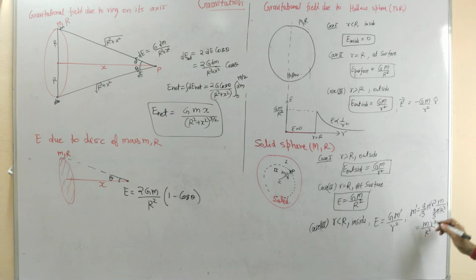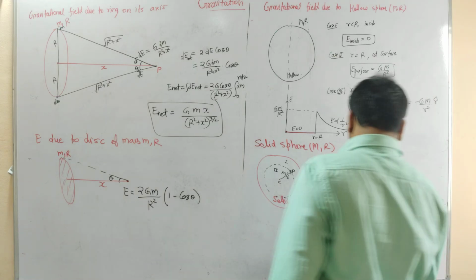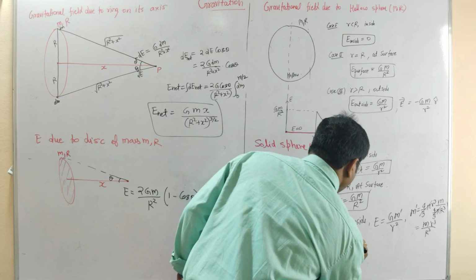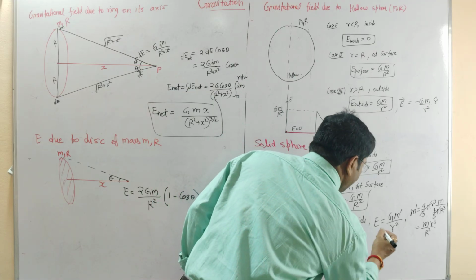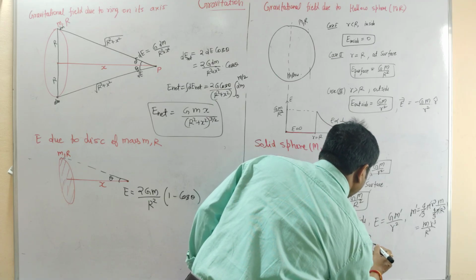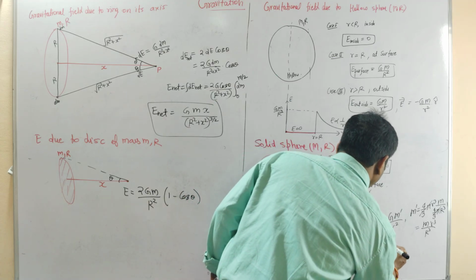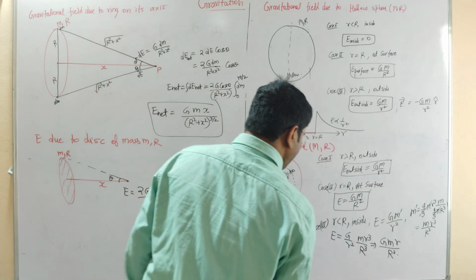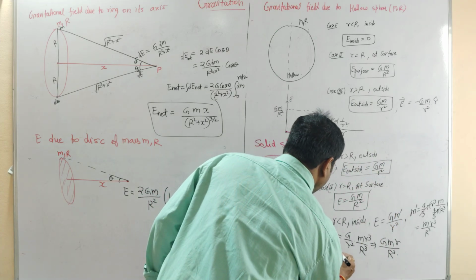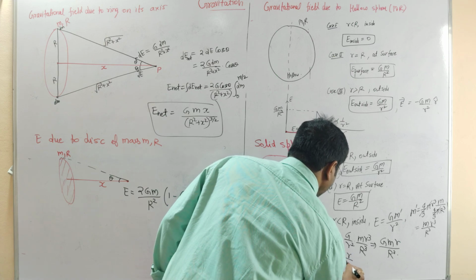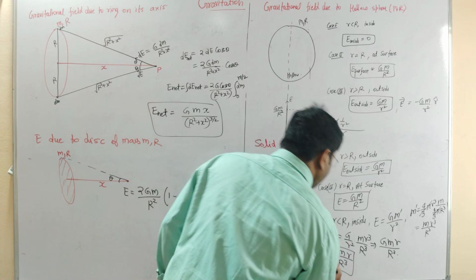So this is the mass we have calculated. The field value is E equal to G upon r square, and the mass is m r cube upon capital R cube. So this value is Gm r upon R cube. This value is important.